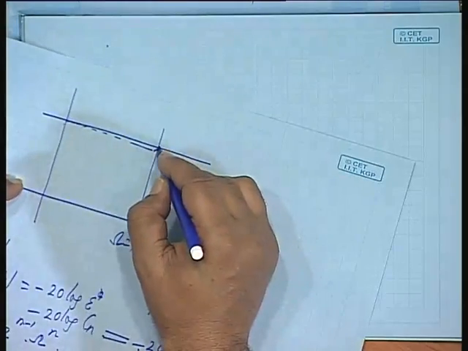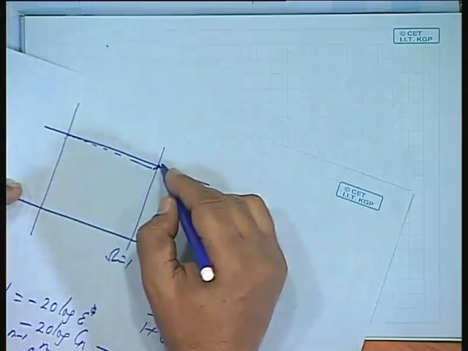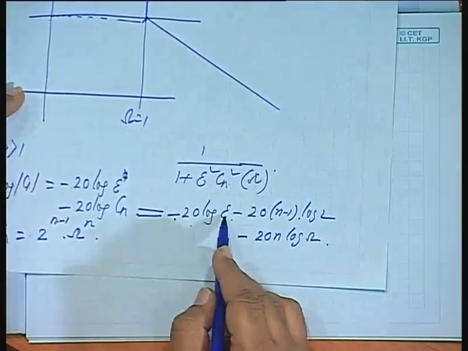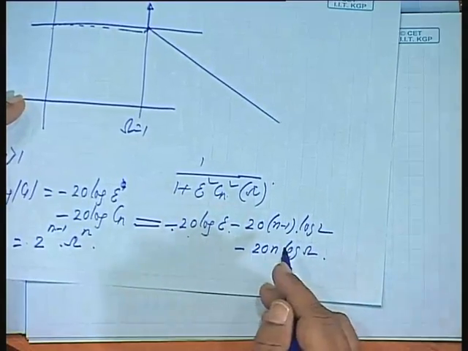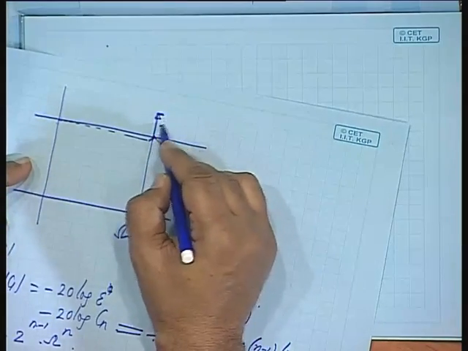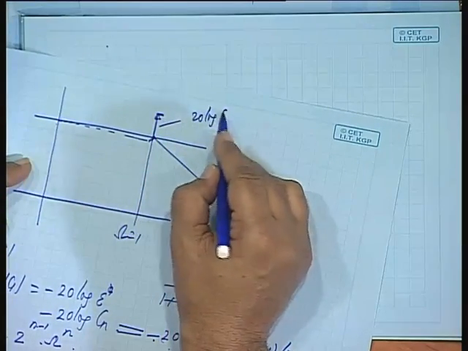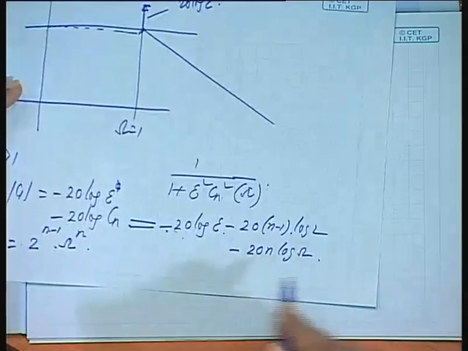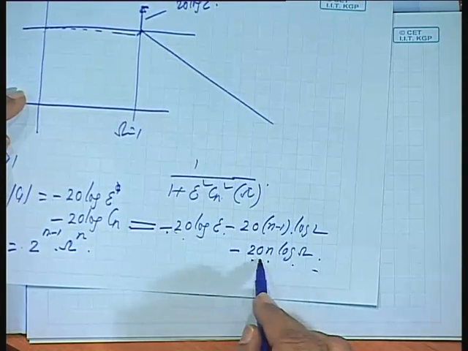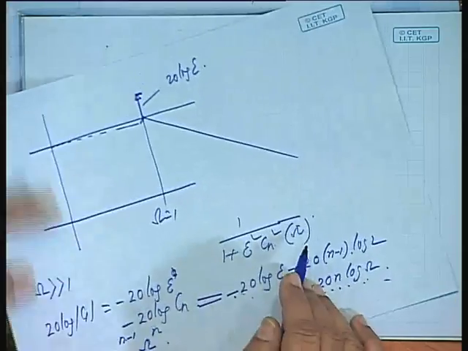So though it is minus 20 log of epsilon, its absolute value will be plus. Epsilon may be say 1/4, 1/5. And then 20 n log of omega.